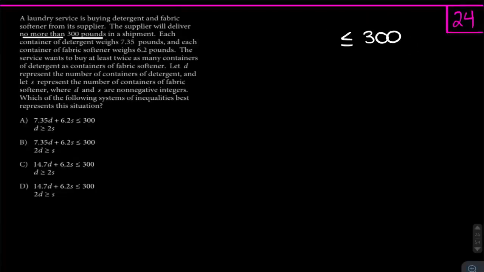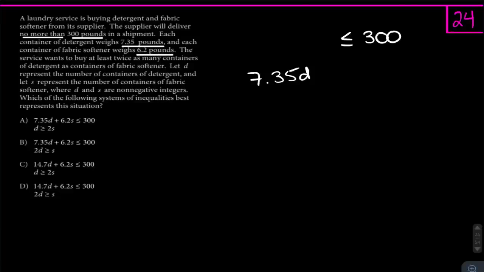Each container of detergent weighs 7.35 pounds. And so we know we're dealing with a 7.35 times, what's the variable for detergent? Well, it looks like below it's D, so we're going to have a D. And then each container of fabric softener weighs 6.2 pounds.